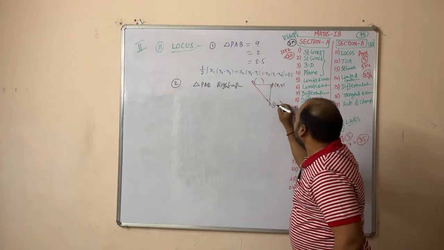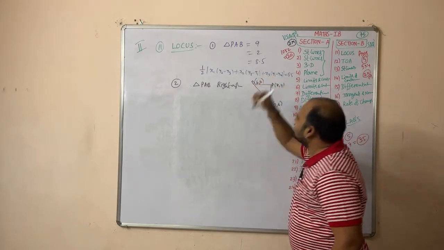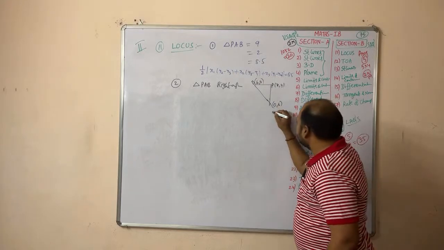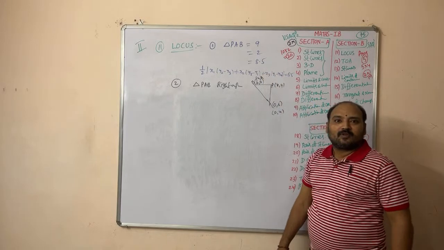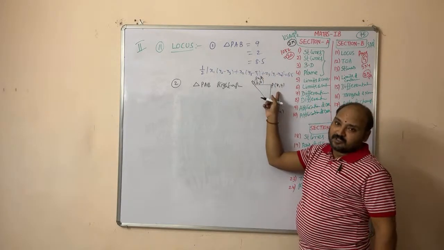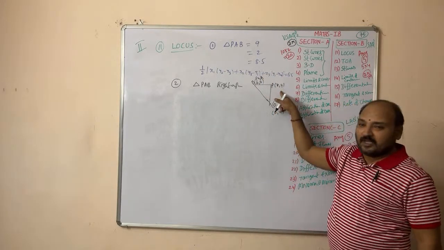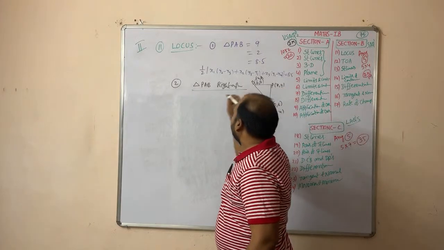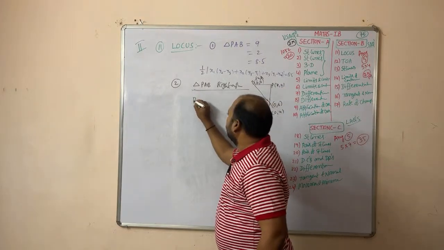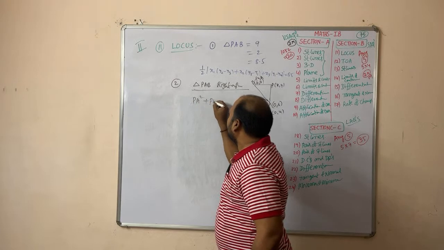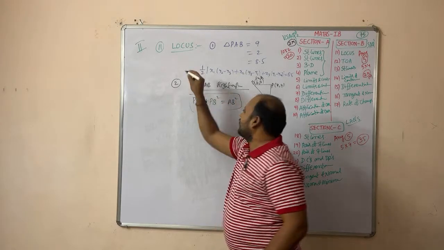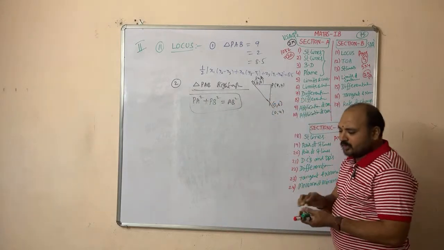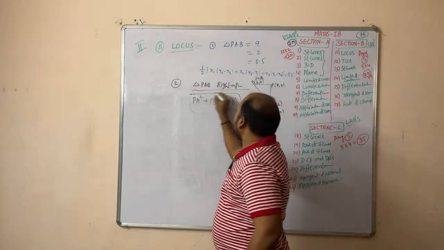They will give (0, 6), (6, 0), or another question (0, 4), (4, 0). Find the locus of P which makes a right angle at the point P. At that time you can apply: right angle means PA² + PB² = AB². This is Pythagoras theorem only, you know. Most of the students don't know about it. You can apply the Pythagoras theorem.